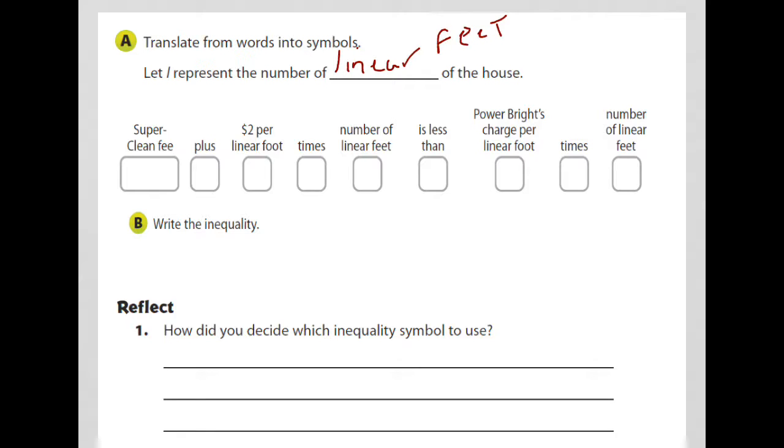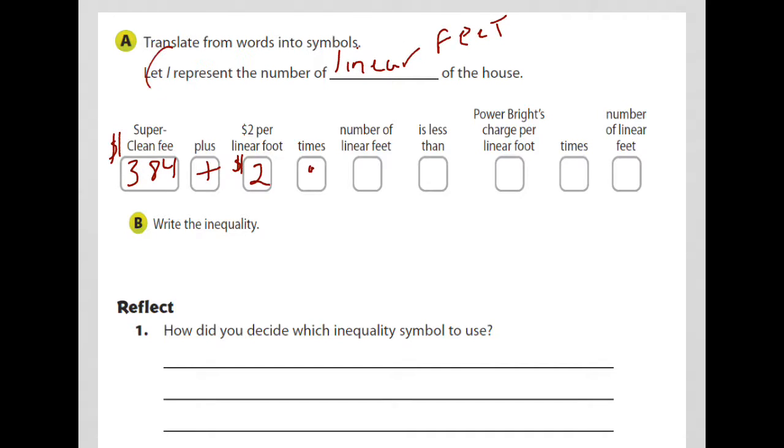So Super Clean fee is $384. Put my little dollar sign here. Plus, so we'll put a plus sign, they mean addition, $2 per foot. So we'll just put 2 here, put our little dollar sign, times, and we'll put a raised dot instead of the X, the number of linear feet.